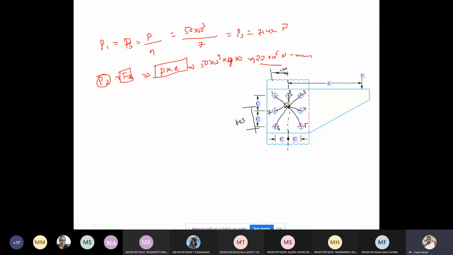Okay. Now the first one we calculated is the direct shear load, that is PS. All the red color loads are PS, Babu.